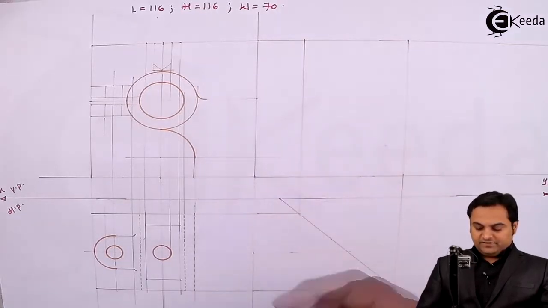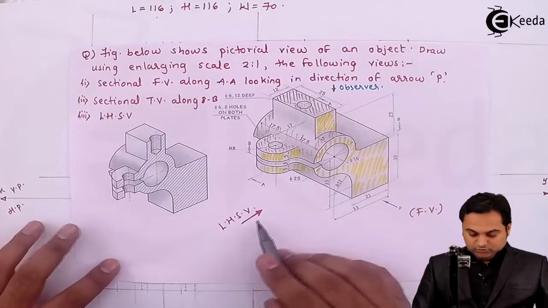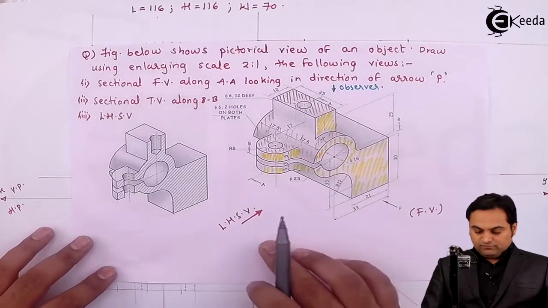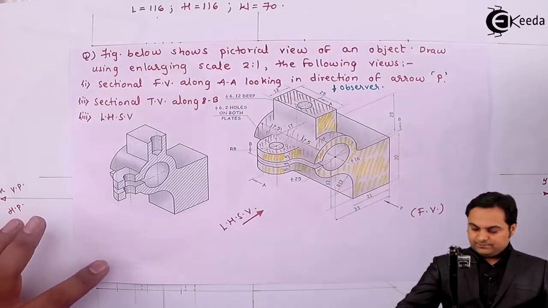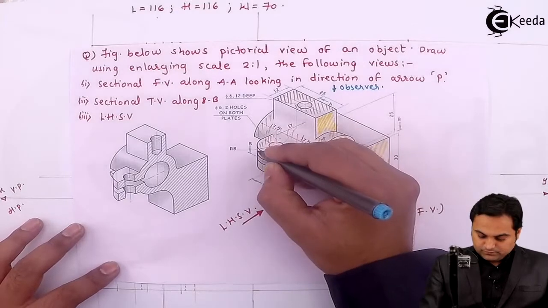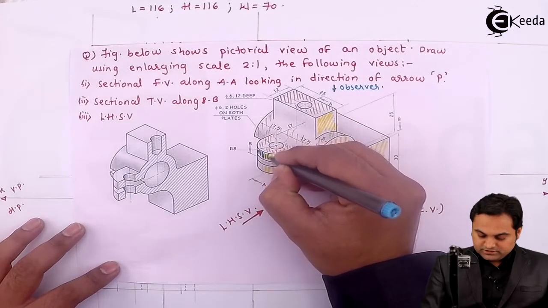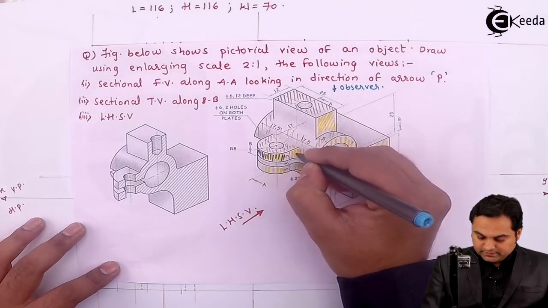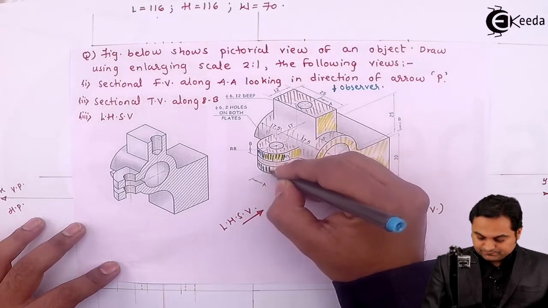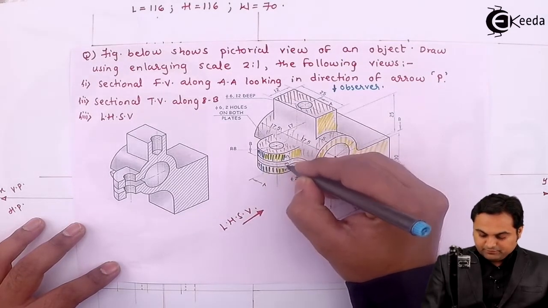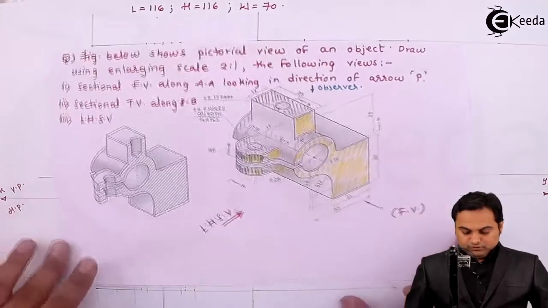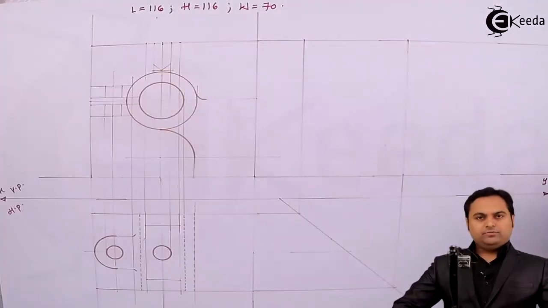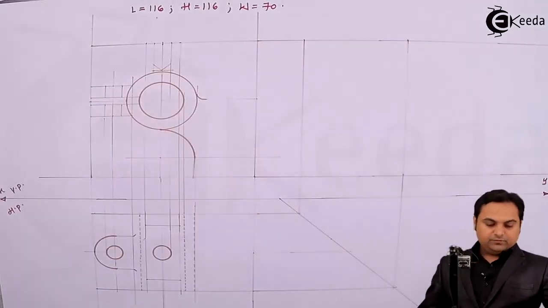So leaving it as it is, going on to the side view. Now looking from the left hand side, first thing which is visible to me is this plate, and a similar plate is there below it with a gap of 3 mm. So I'll project their heights from the front view, and width I'll get it from the top view.